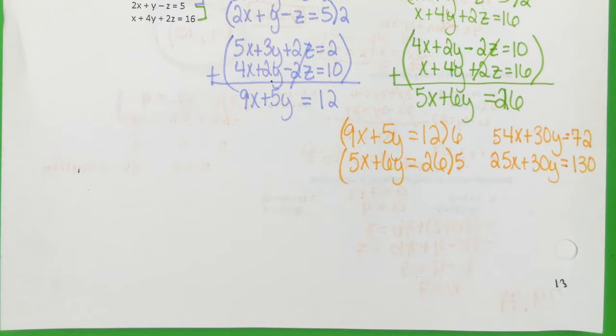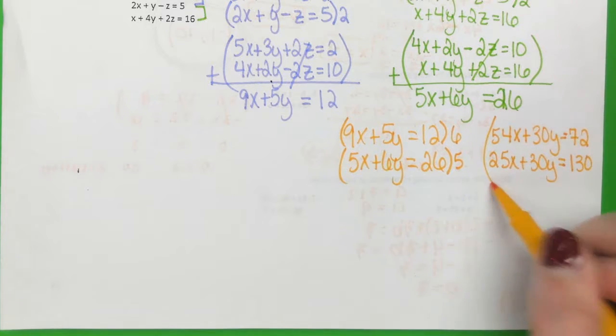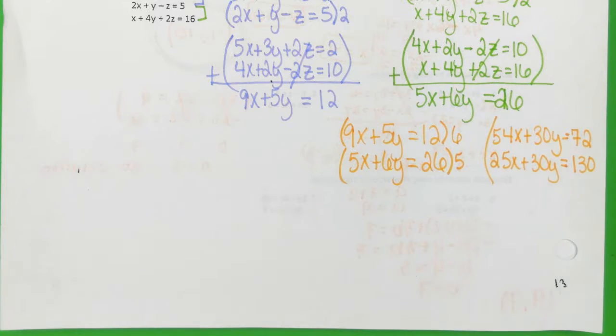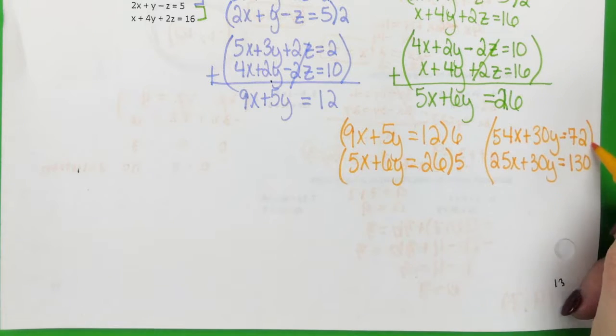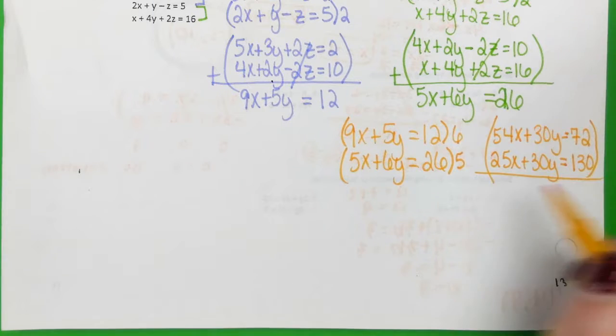Alright, check it when you get done. See if you got the same thing I did. Alright, so how would we get the 30s to cancel out? You'd subtract them, okay?